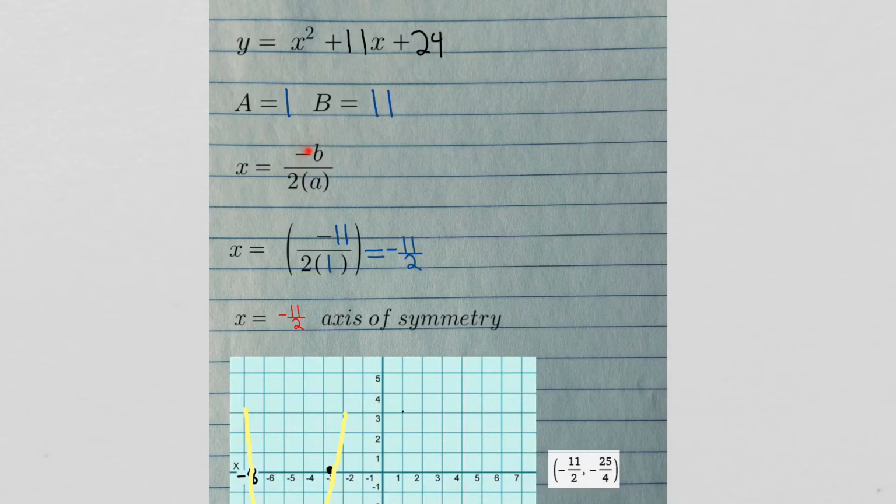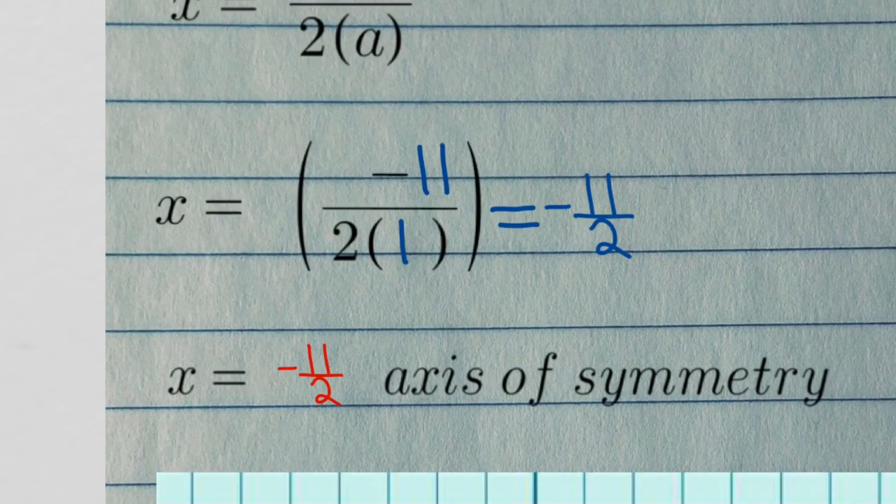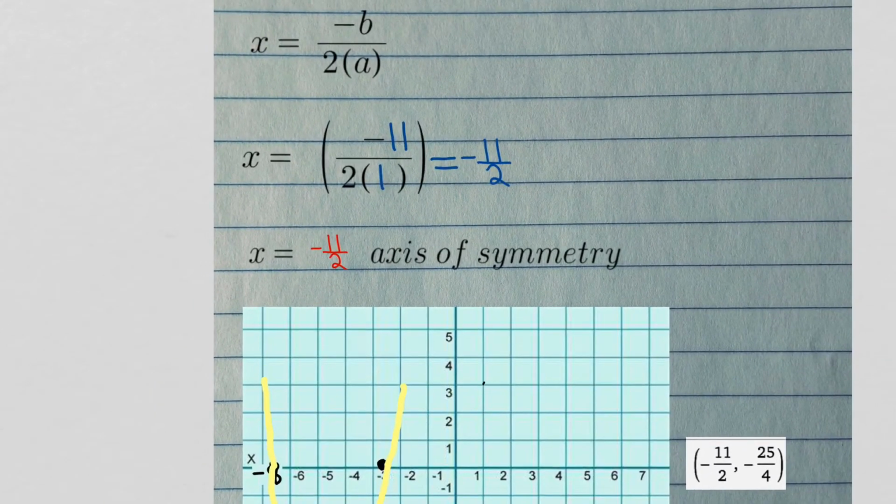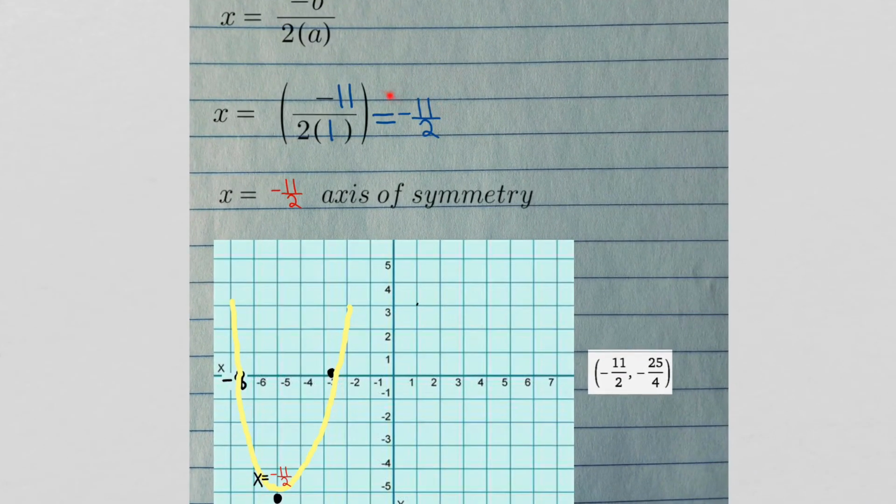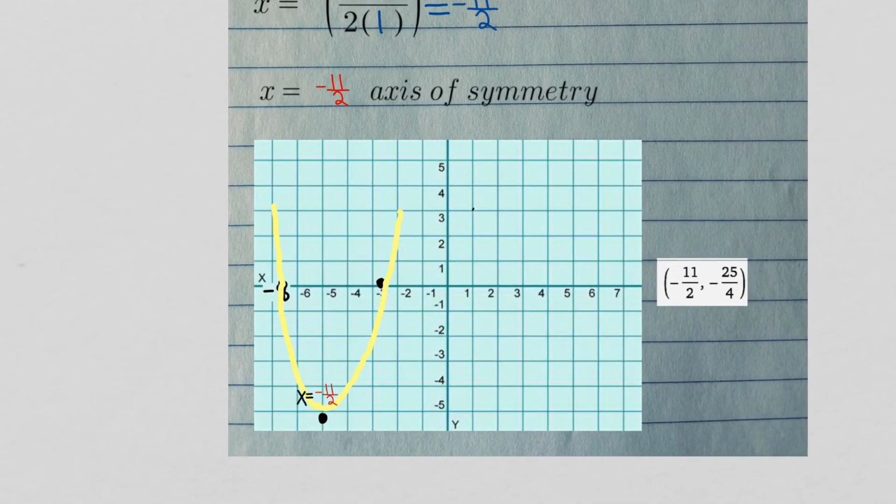So b is 11, so it's going to be negative 11 divided by 2 times a, and remember, a is 1. Note here, I should have moved this a little farther over, so that's why that numerator is kind of awkward. So we have negative 11 divided by 2 times 1, so we have negative 11 halves. So the axis of symmetry is at negative 11 halves.